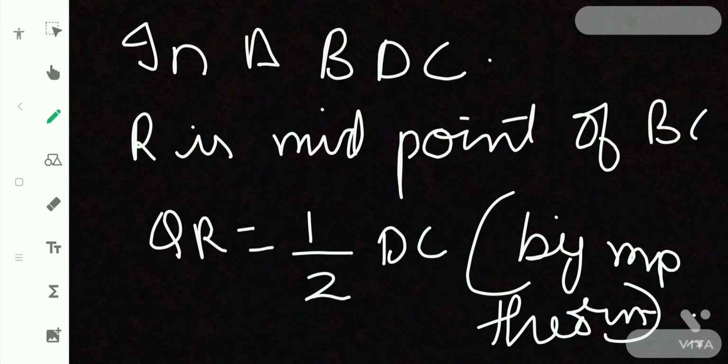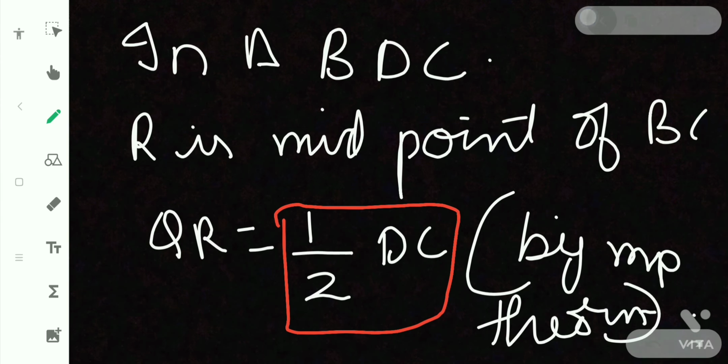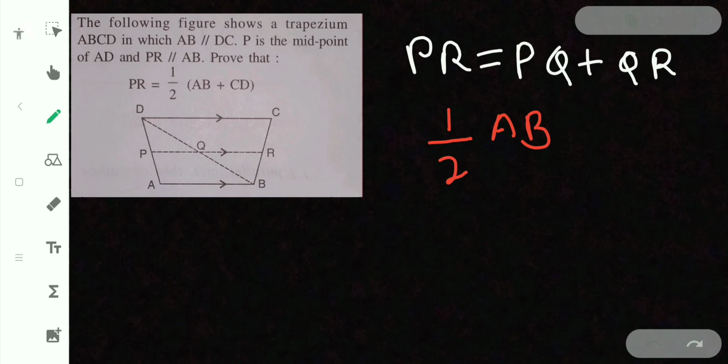And QR you are having from the figure, QR is equal to half of DC. You can see here, just now we have proved QR is equal to half of DC. So I am writing here half of DC, and plus is there, so I am writing plus.